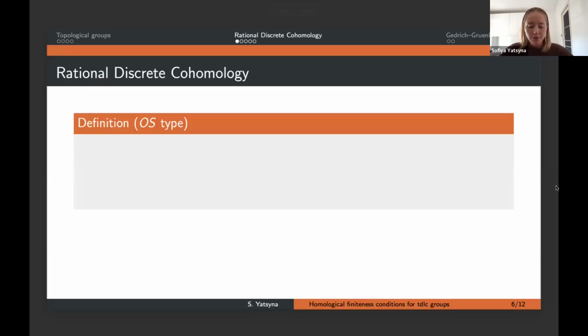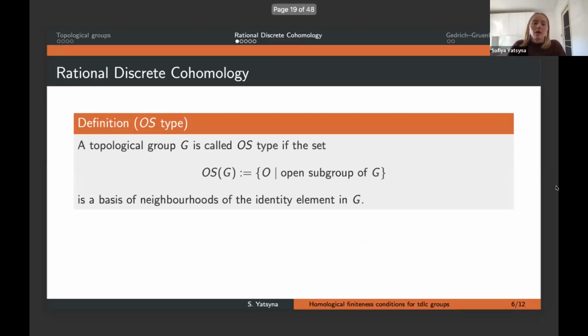Because these groups are quite large, much bigger than your regular discrete groups, we need a larger group cohomology. This was initially defined by Ilaria Castellano and Thomas Weigel in 2016. They defined a rational discrete group cohomology. But in fact, they defined this sort of group cohomology for a larger class of groups, not just TDLC groups, or groups that they call OS type.